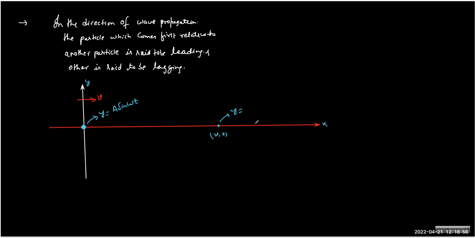You're supposed to write the equation of the particle at any position x. You have to only shift the phase. Who is lagging, who is leading? If it's lagging, subtract. If it is leading, add.